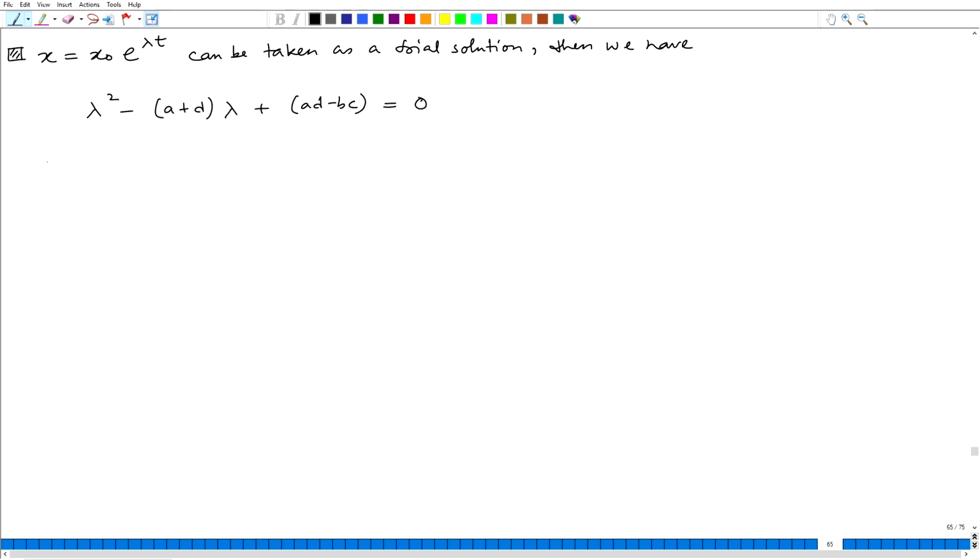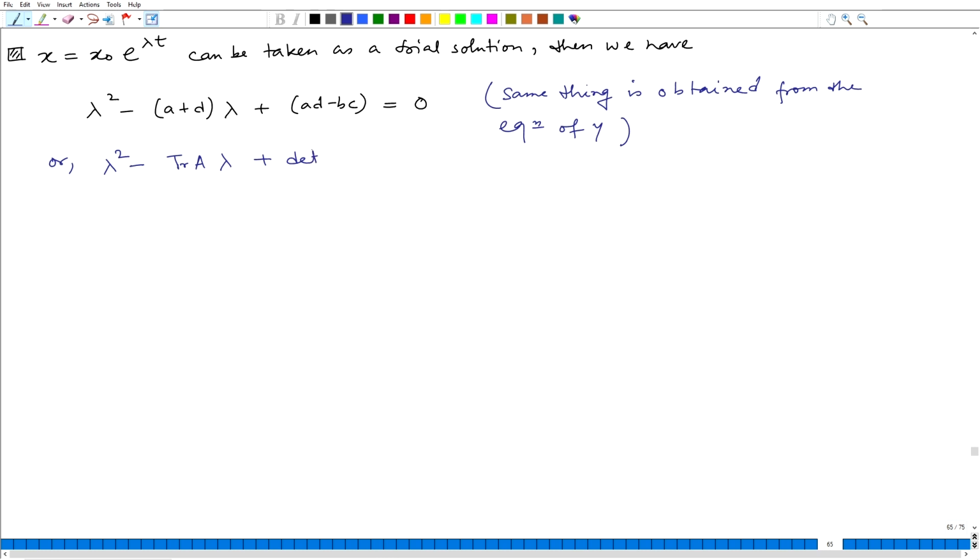The same thing is obtained from the equation of y, or lambda square minus trace of A times lambda plus determinant of A is equal to 0.